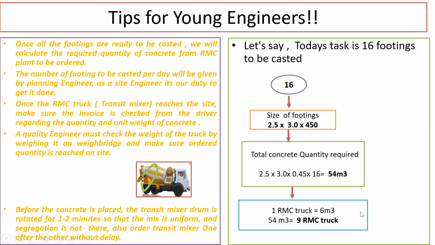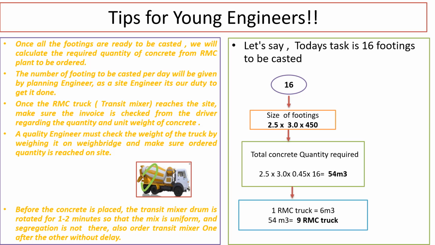So this is how we are going to do the calculation. Now concentrate here. Also order the transit mixers one after the other without any delay. What do I mean by that? Imagine you want to do the 16 footing casting, and you know that within 3 hours you can finish it off. In order to finish within 3 hours, you should be ordering the transit mixers one by one. Once a transit mixer comes to the site, it's going to take 10 minutes for unloading.